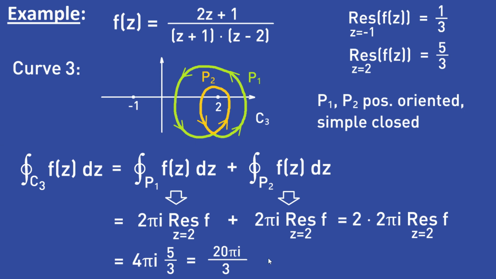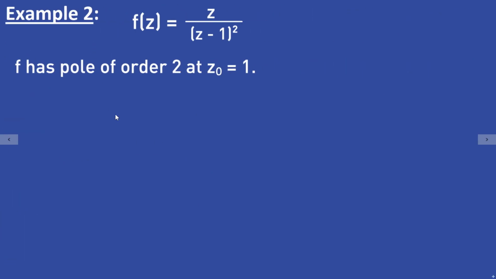Let's take a look at another example now. We consider the function f of z is equal to z divided by z minus 1 squared. That function has a pole of order 2 at z0 is equal to 1.